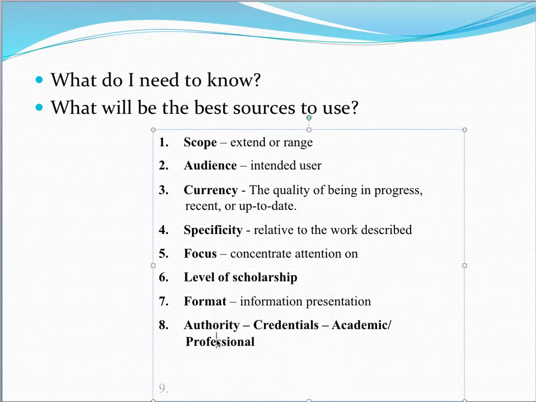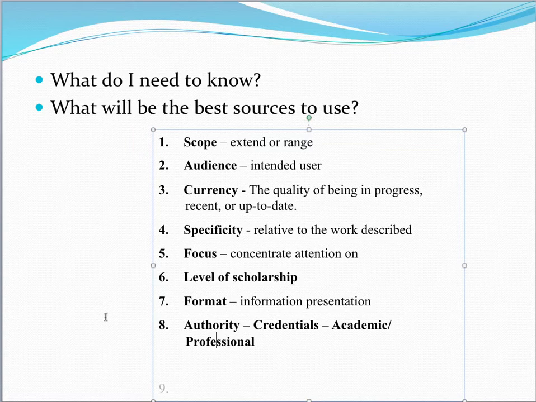Okay? Because I believe that when you select a reference source, you have to see the scope, the audience, the currency, if that information source is up to date, the specificity, the focus, the level of scholarship, and the format. But you also have to search for authority, and authority means the credentials, and that may be academic or professional. But credentials are very important in order to choose the right source.